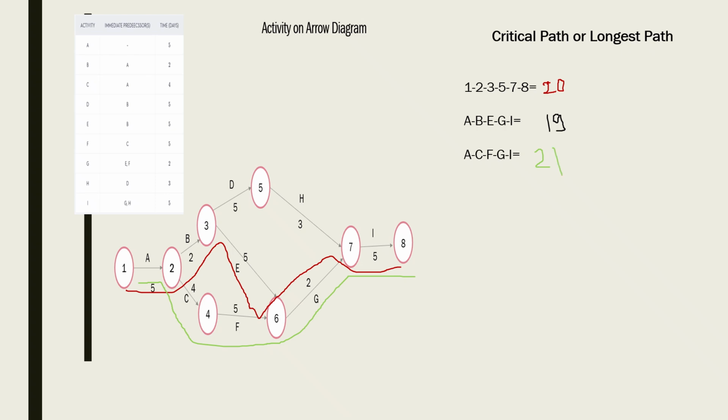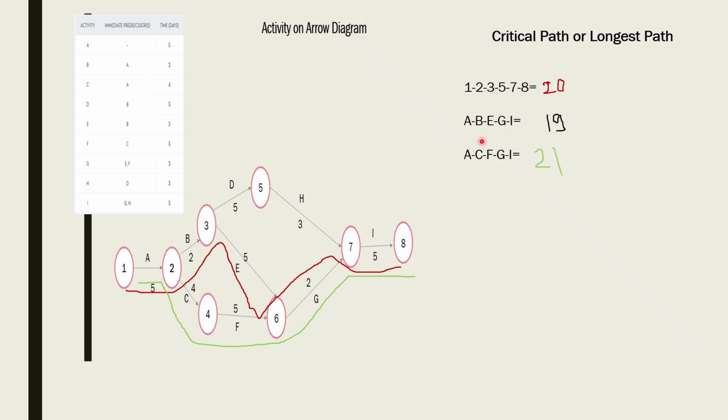If you compare this diagram with the activity on node diagram, the critical path or longest path value is the same. All the values are the same, and there also your longest path is the last one, 1 to 2, 2 to 4, 4 to 6, 6 to 7, 7 to 8.